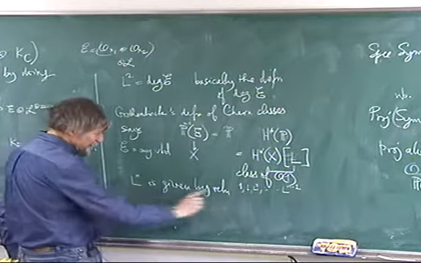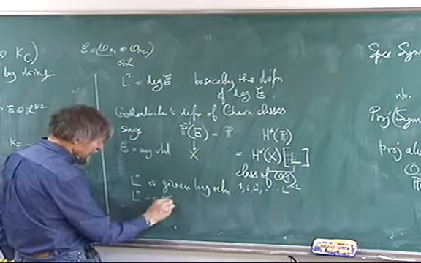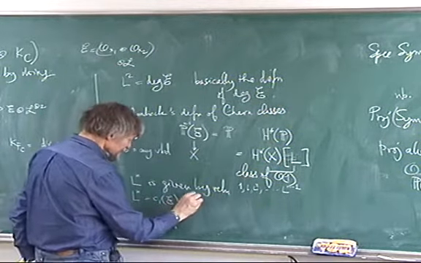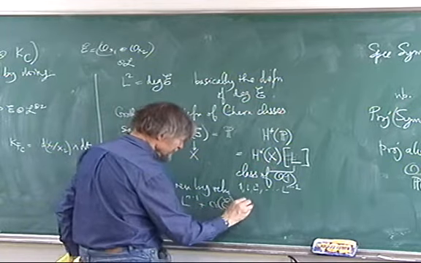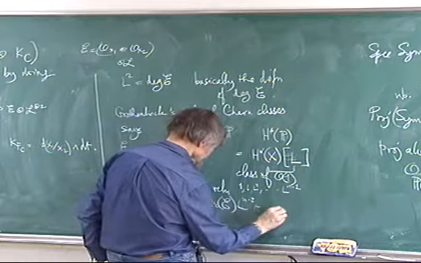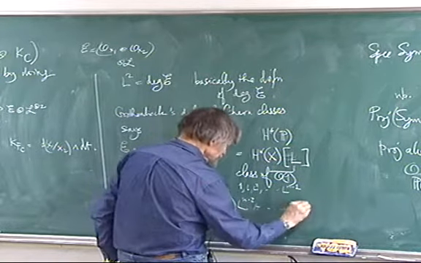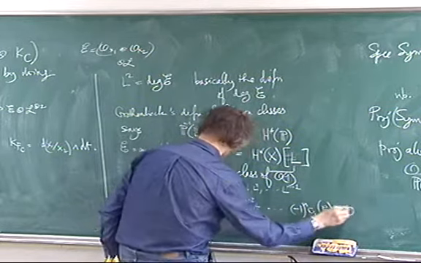So this does not make any sense anymore, but I have L to the n minus c1(E) L to the n minus 1 plus c2(E) L to the n minus 2, and so on, plus or minus cn(E) equals 0.